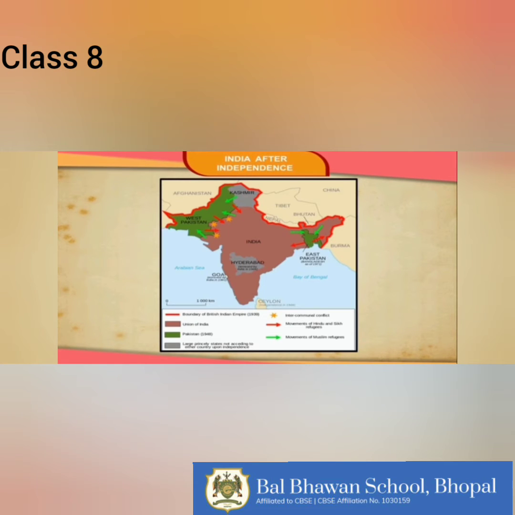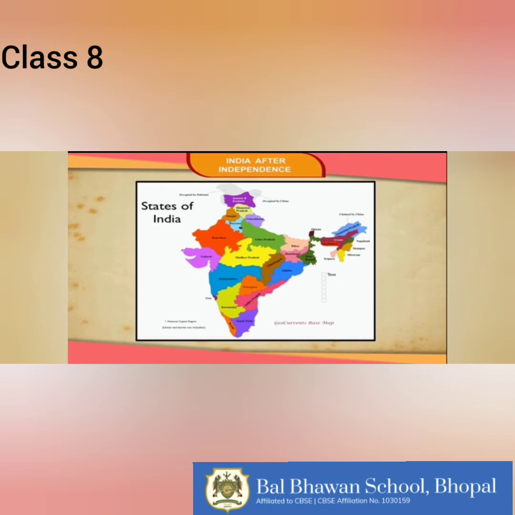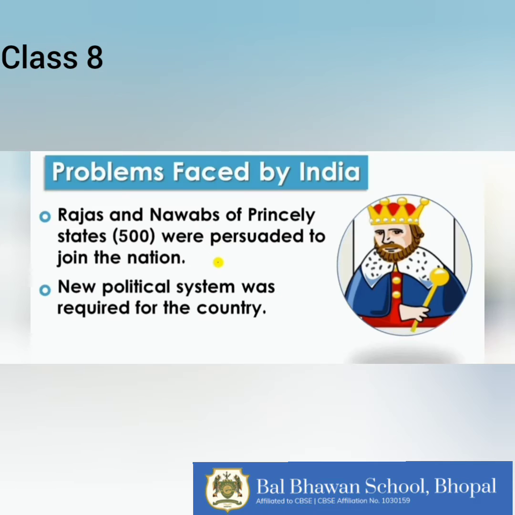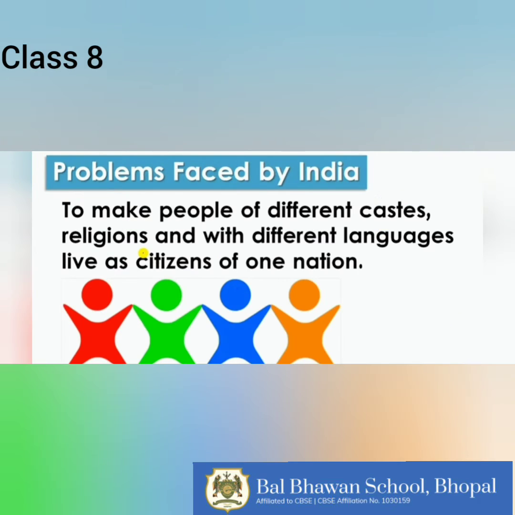Thus, the two problems of rehabilitation of the refugees and integration of the princely states needed to be addressed immediately. The new nation had to adopt a political system that would best serve the hopes and expectations of its people.